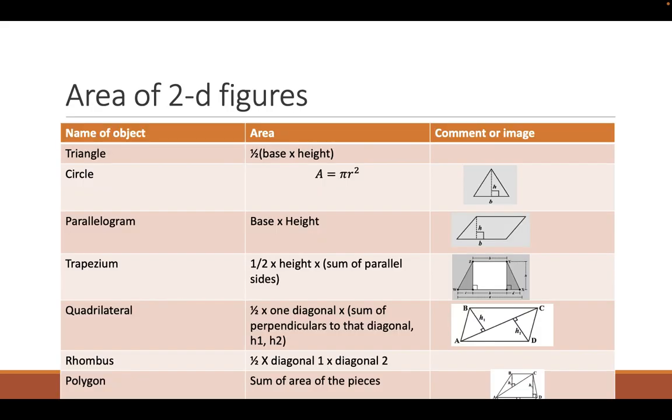For 2D figures, these are the formulas you need to remember, trust me, to do all the calculations. This is for 2D, and you will see another table for 3D.